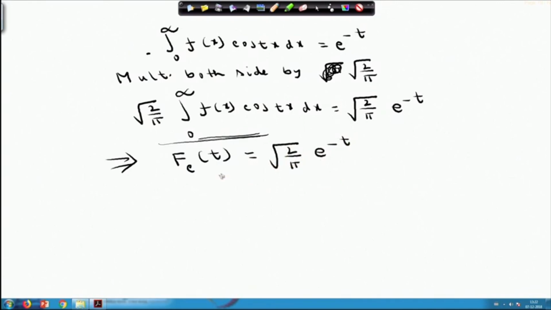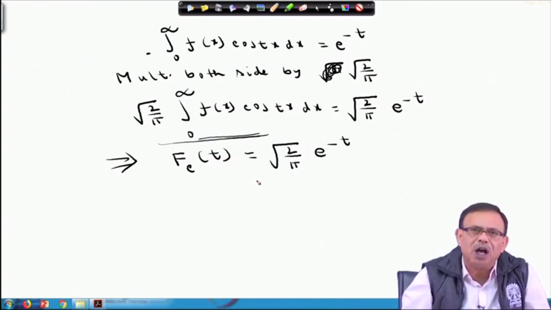So, once I obtain the Fourier cosine transform of a function, then I can use the inversion formula to derive what is small f(x), because using the Fourier cosine inverse I can write down small f(x).